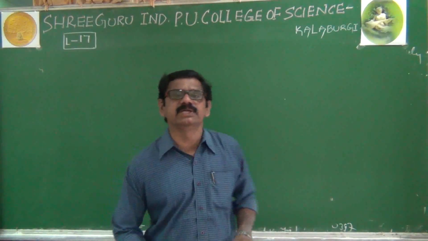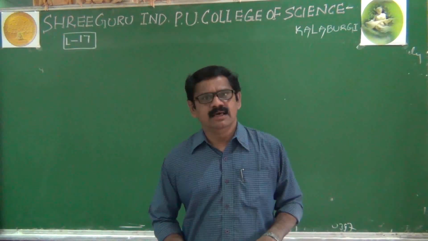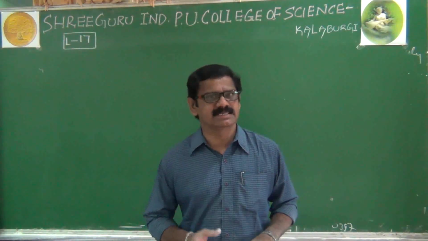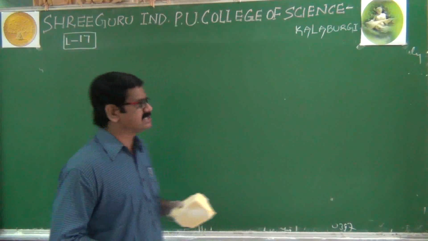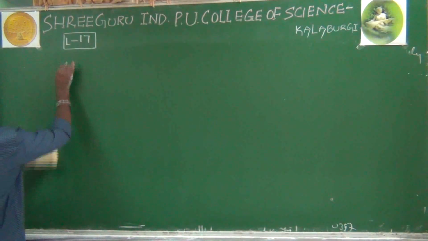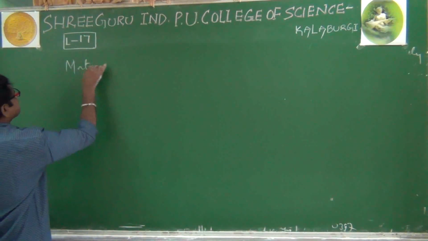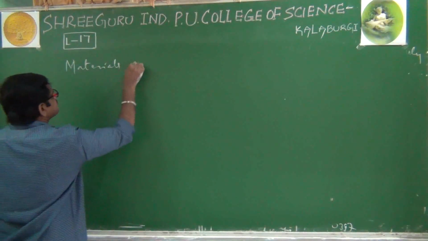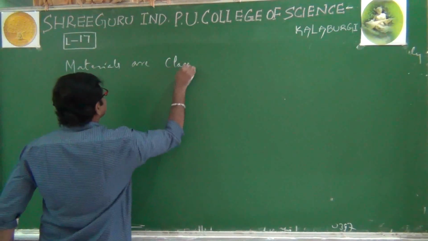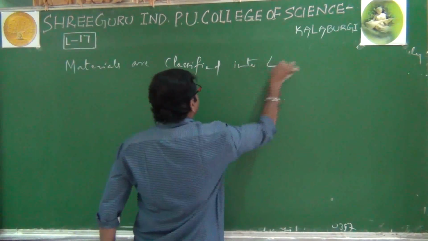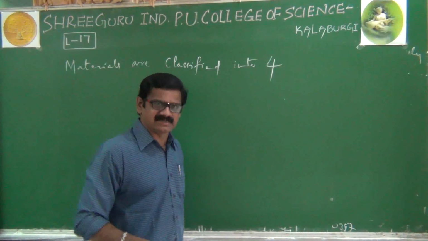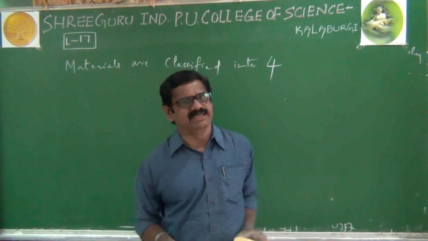Before we enter into batteries, in conductors some small concept is left. We'll just recall that concept, which is already known to you. Materials are classified into 4 categories based on their tendencies of conductivities.